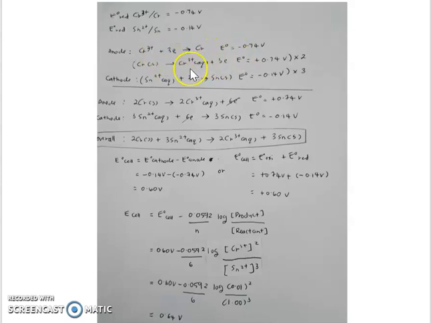When you reverse the half cell equation for the anode, the E naught value also needs to be reversed from negative 0.74 to positive 0.74.